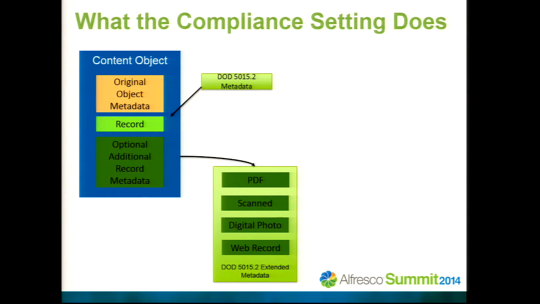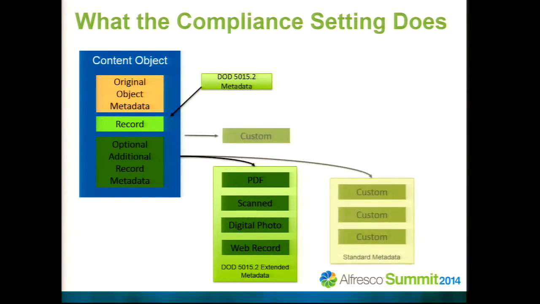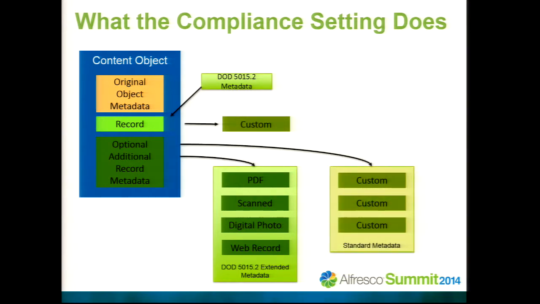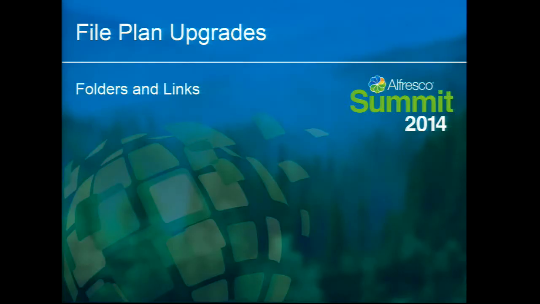And if you want to, you can also add in custom metadata of your own, and I talked about that, I believe, last year or the year before as well. There are some things where you can define your own aspects, and you can append those as well if you want to. All right, so let's go on to how the file plan has been changed.